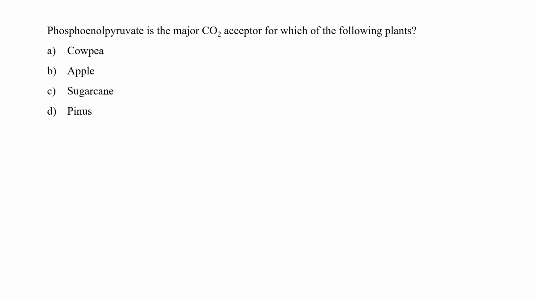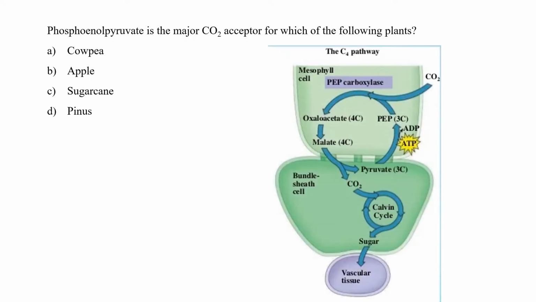The next question is, phosphoenol pyruvate is a major CO2 acceptor for which of the following plants? And the options are cowpea, apple, sugarcane, and pinus. The primary CO2 acceptor of C3 and C4 plants is RuBP, which is ribulose 1,5-bisphosphate, and PEP, phosphoenol pyruvate, respectively.